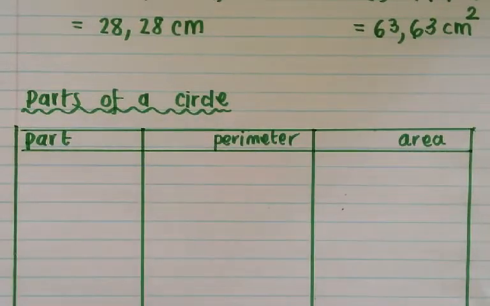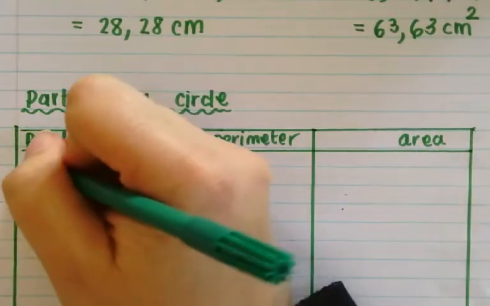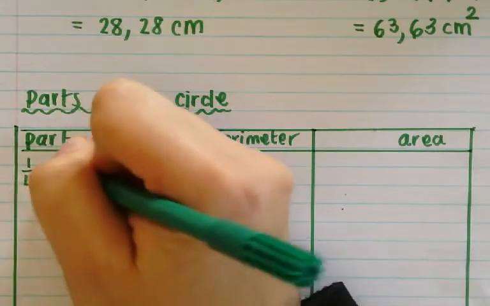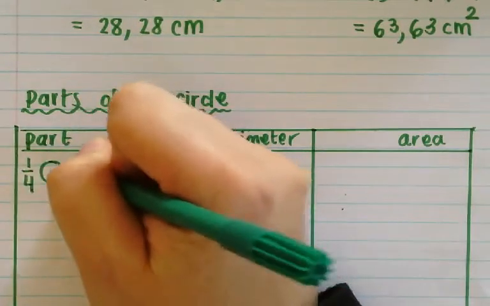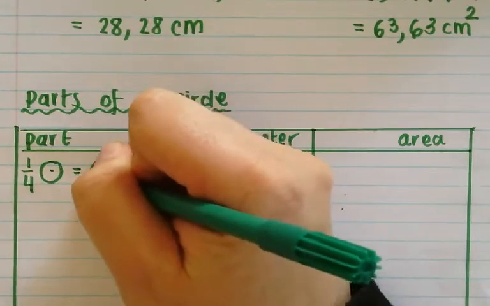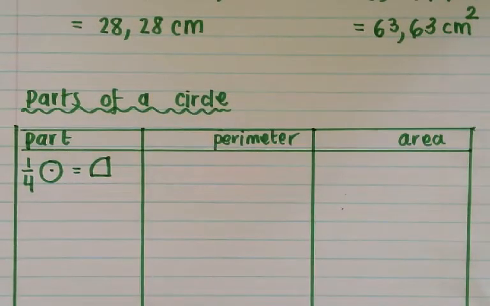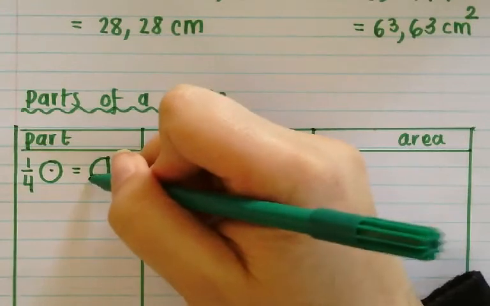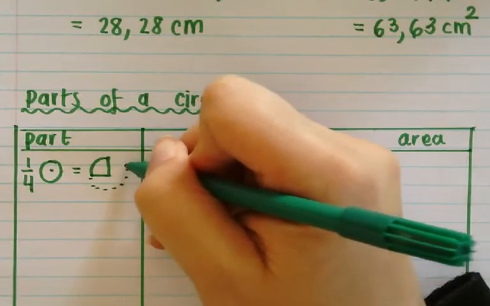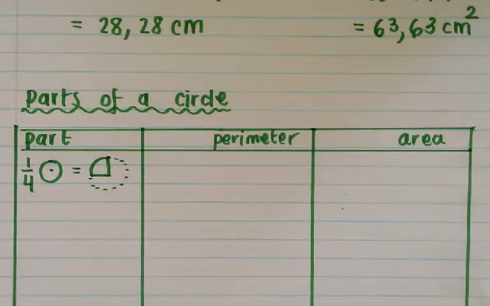So let's start with a quarter circle. Okay, so I only want a quarter of my circle.